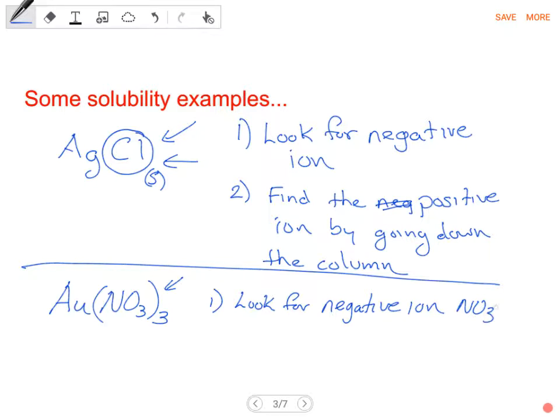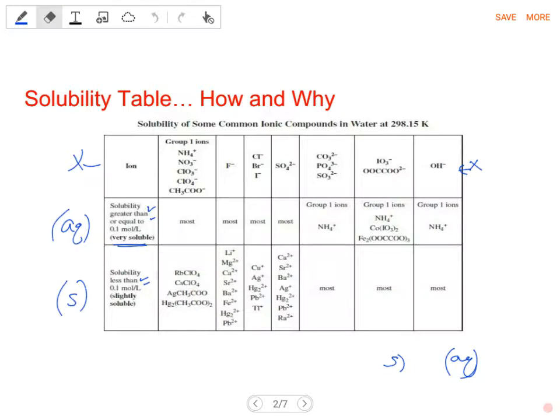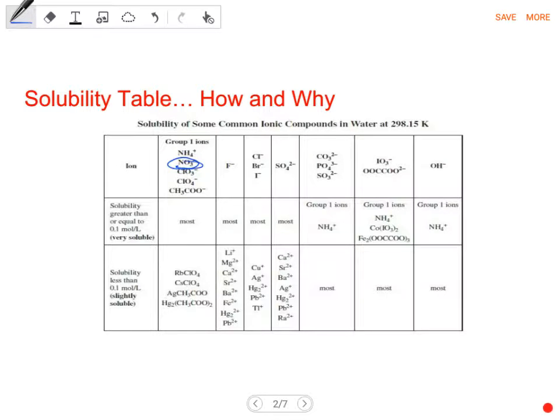That's the NO3 minus. So let's go back. Now, we need to find our NO3 minus ion. Okay, so let's put that together now. Well, pretty clearly you can find that NO3 is right there.